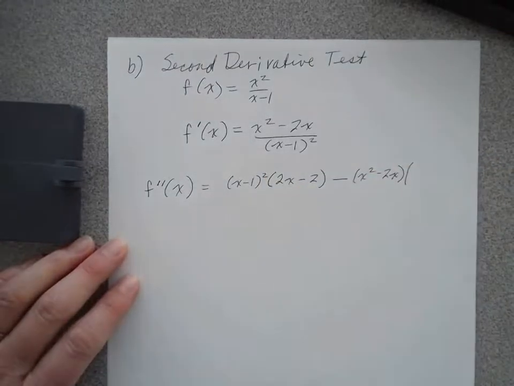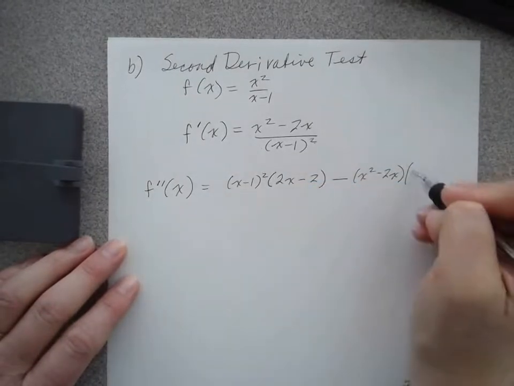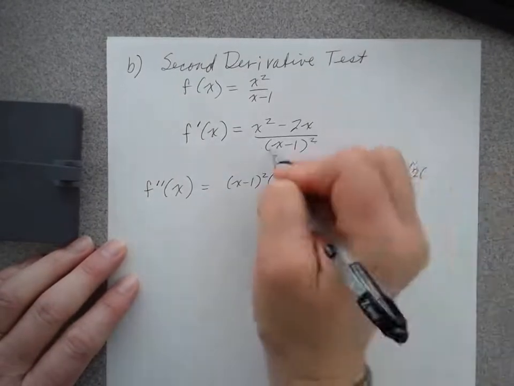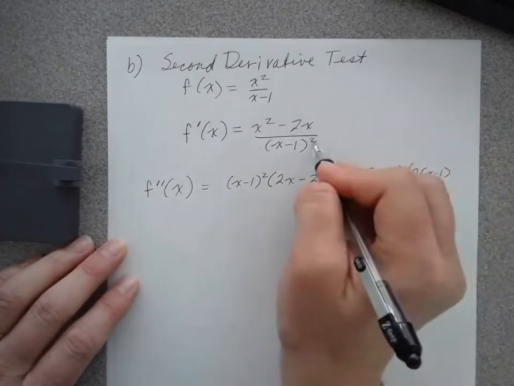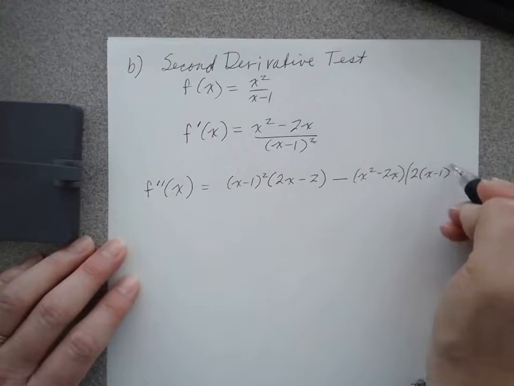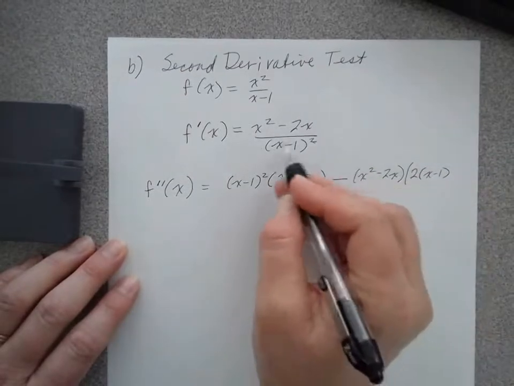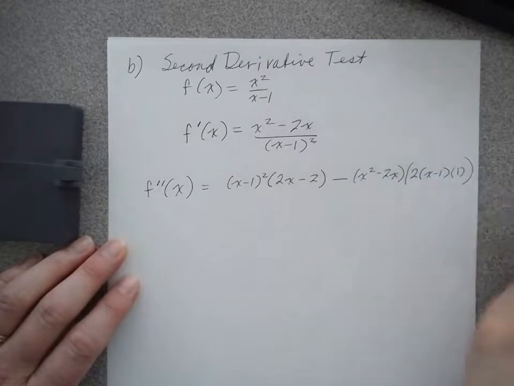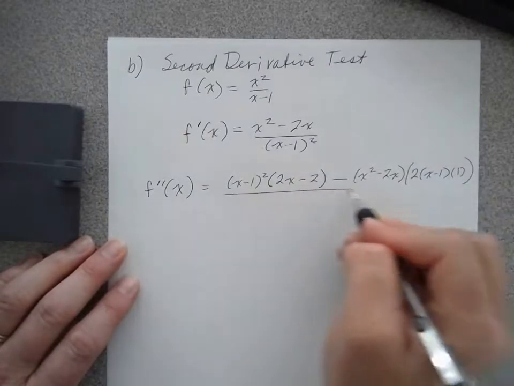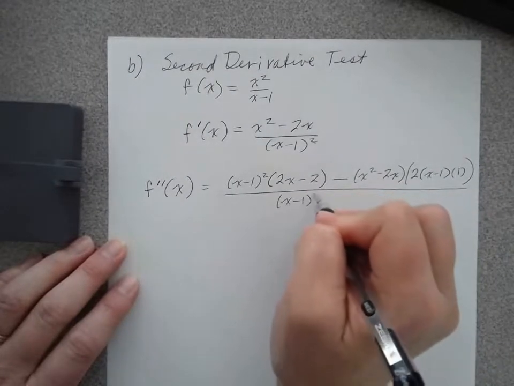Chain rule. Okay, so you take the outside function, 2 times 1 is 2. Everything stays the same on the inside, decrease that power by 1, so that's going to be to the first power. And then times the derivative of the inside, which is 1.